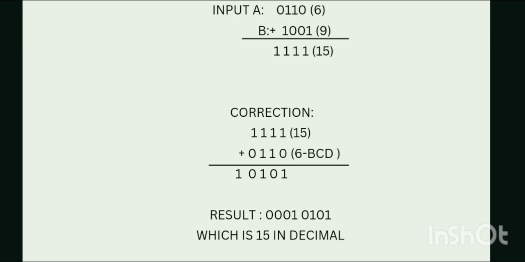Now split the result into two BCD digits. The first digit is 1, that is 0001 in BCD, and the second digit is 5, that is 0101 in BCD. Hence, the addition of 6 and 9 in BCD results in 15 in decimal.